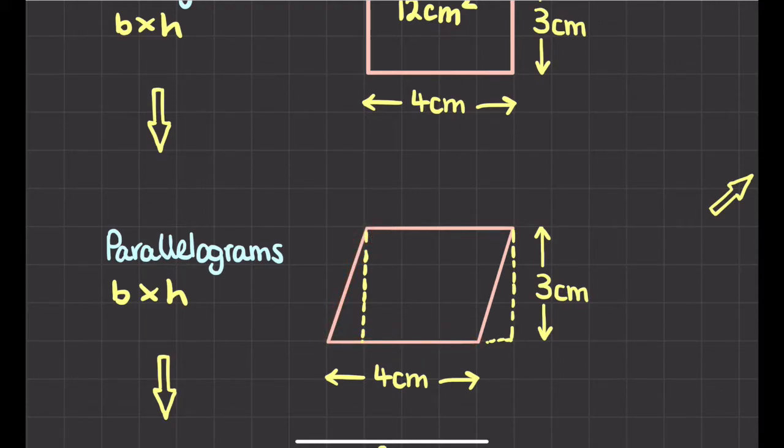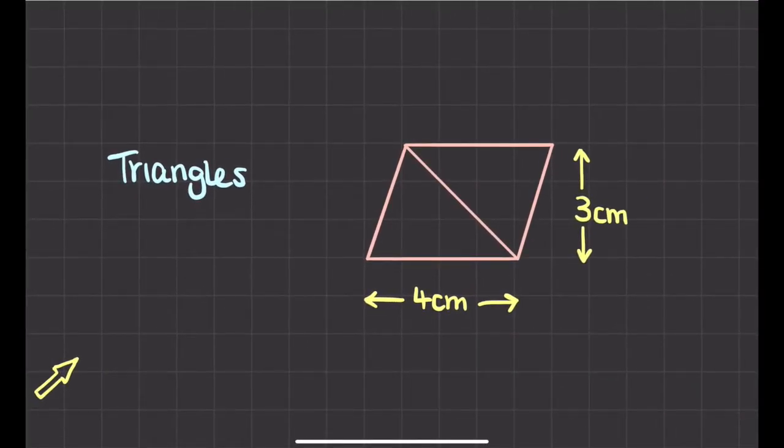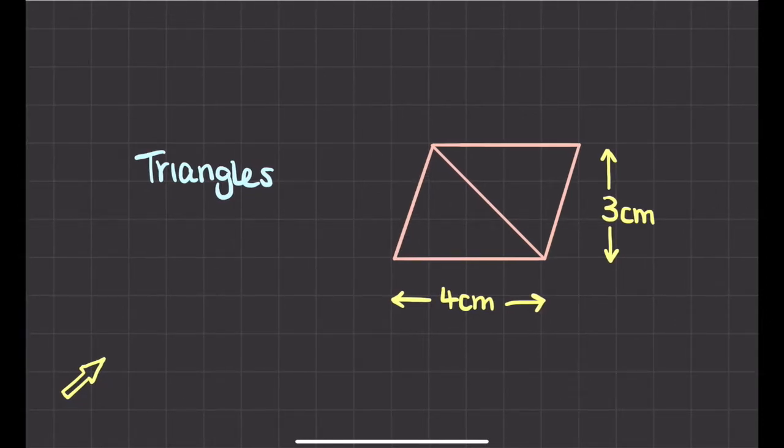Okay, so can we use that then to help us work out the area of triangles? Yes, we can. So if we have a look over here, I've actually got a little bit extra on this triangle here. Notice that a triangle is always half of a parallelogram. So if I know that the parallelogram has a formula for the area of base multiplied by height, your base there multiplied by your perpendicular height, then because a triangle's half of this, the formula for the area of a triangle is base times height divided by 2, because we've only got half of it.